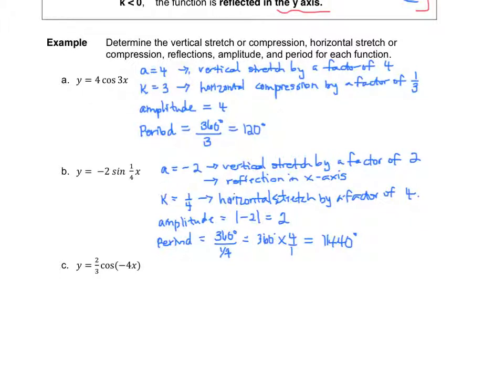Okay, part C. In this example, we have an a value of 2/3, which tells us we have a vertical compression, since this is between 0 and 1. A fraction between 0 and 1 corresponds with a vertical compression by a factor of 2/3.